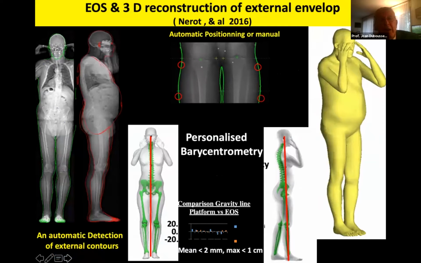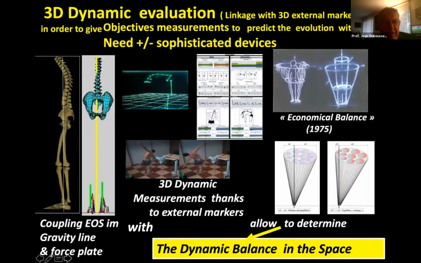And this is important because with EOS imaging and 3D reconstruction of the external envelope, we can get a personalized barycentrometry very close to the reality when you are measuring also the gravity axis. 3D dynamic evaluation, it's for me the way to get something about the dynamic balance in the space.